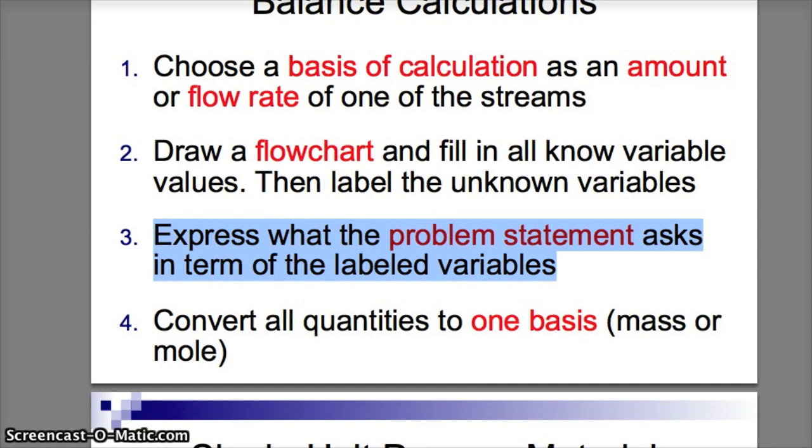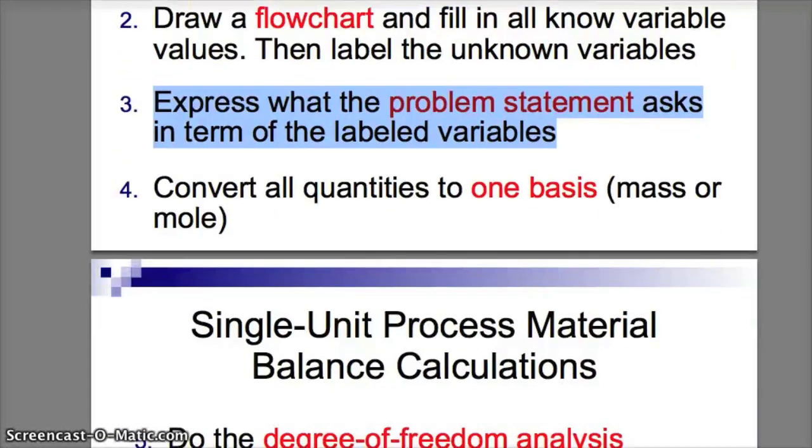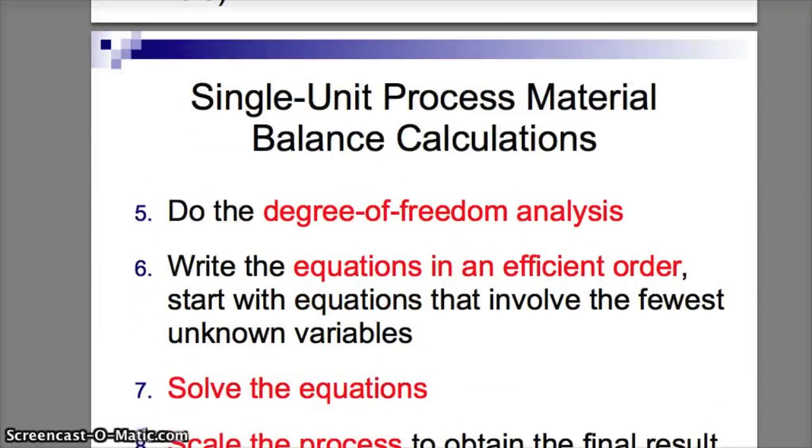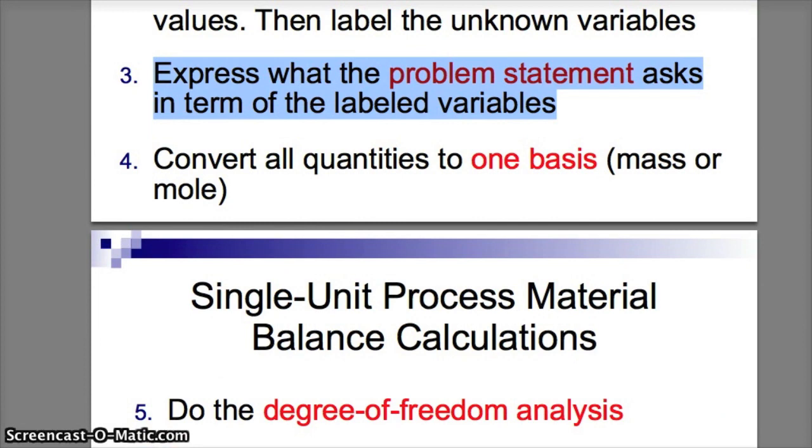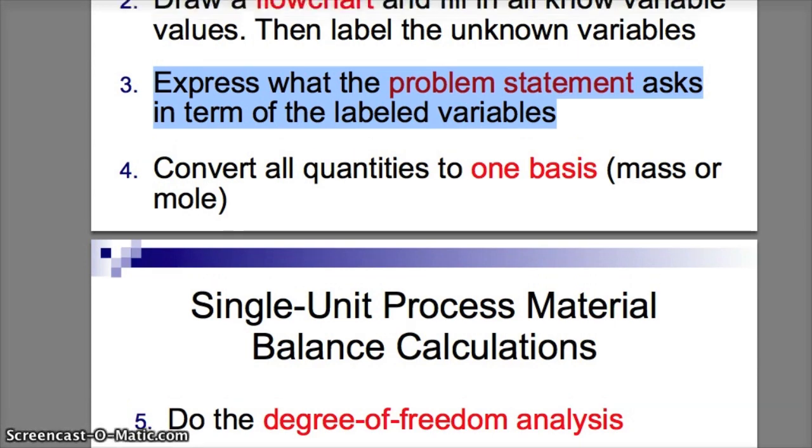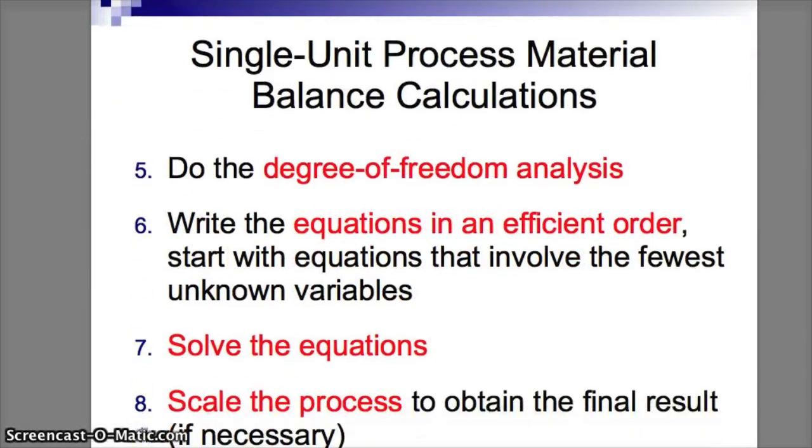Sometimes they give you kilomole, but the basis is in mole, so you have to convert it to avoid miscalculation. And the fifth one, as I said before, is to do the degree of freedom analysis. After you do this, you do a degree of freedom analysis in order to know whether the problem can be solved or not.